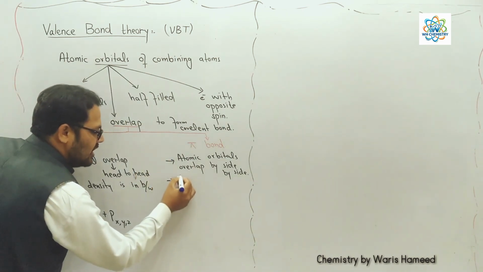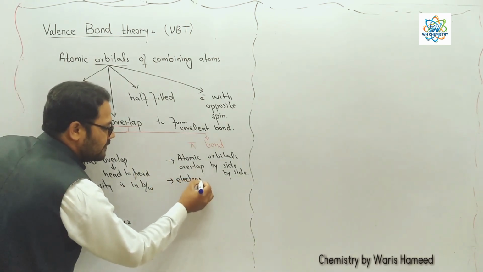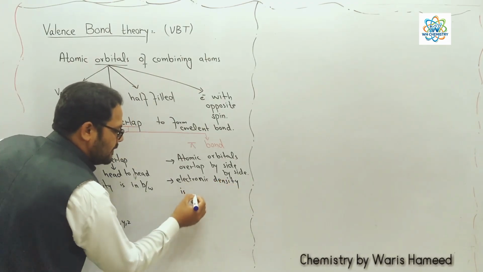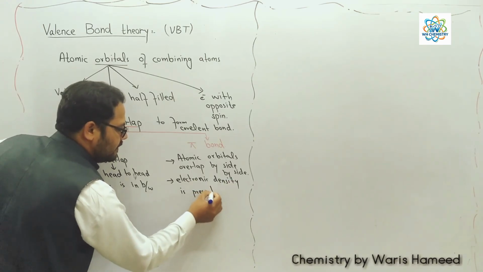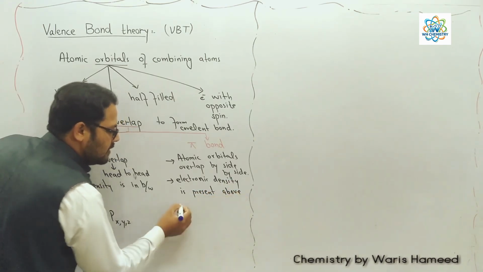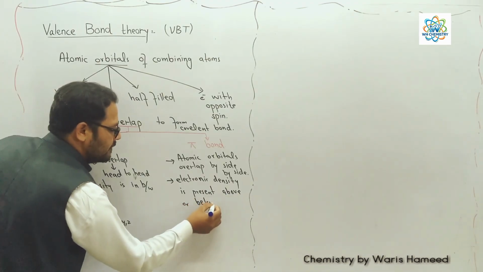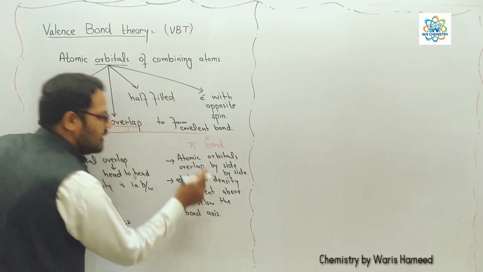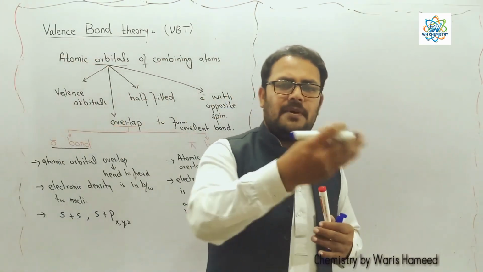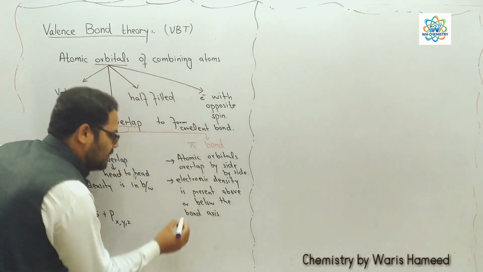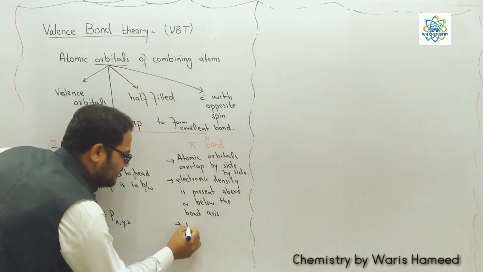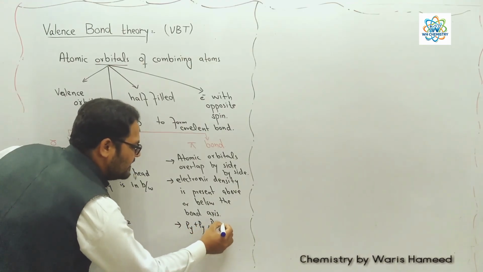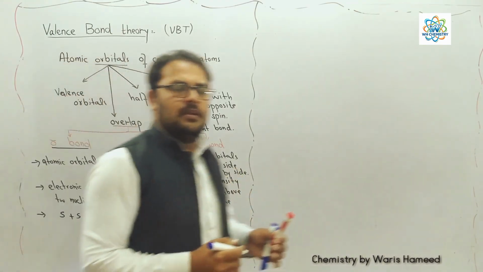In this case, electronic density is present above or below the bond axis, and pi bonds are formed in between py and py atomic orbital, or pz and pz atomic orbital.